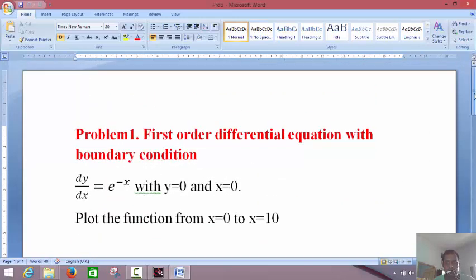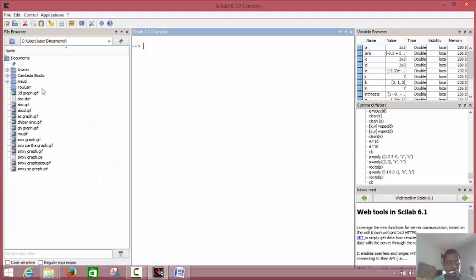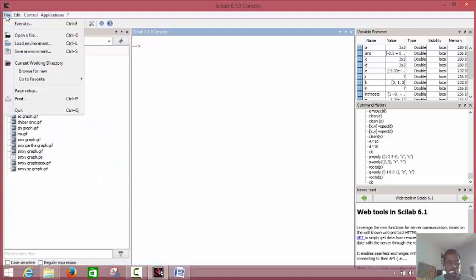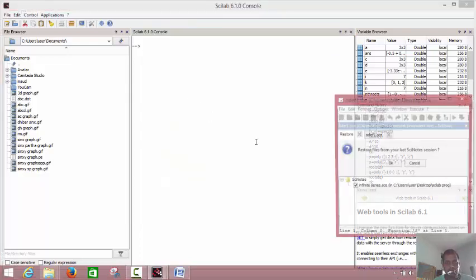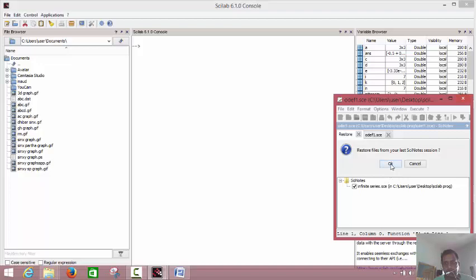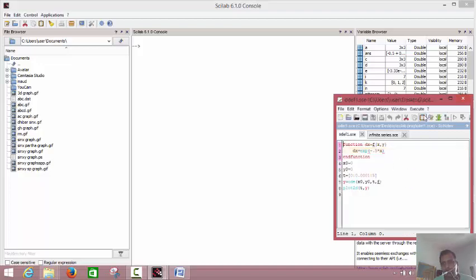To plot the function, we write the program like this.